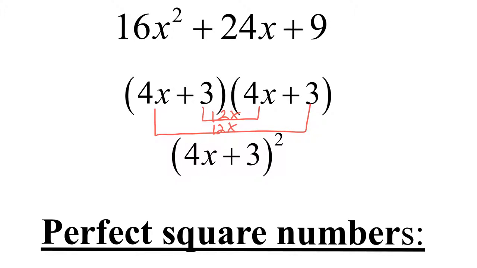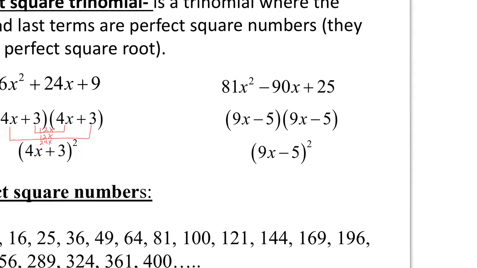When you guys combine those two, 12x plus 12x, well, that's going to give us our 24x, which is the term in the middle, positive 24. So eventually, when you distribute, you will get the trinomial back. And that's the idea for factoring. We want to undo the distributive property, but when you actually do the distributive property, you have to get the trinomial back.